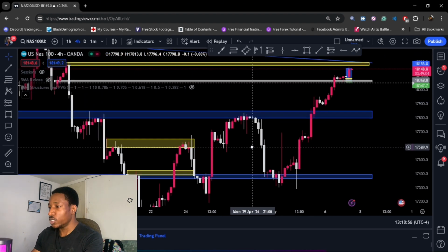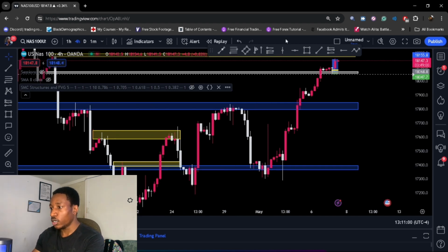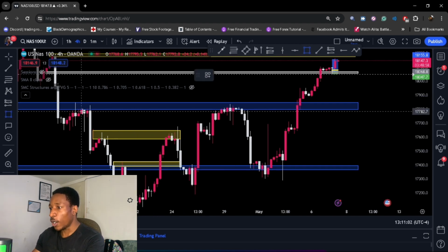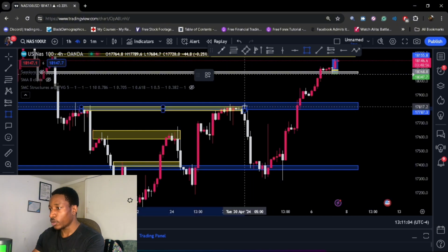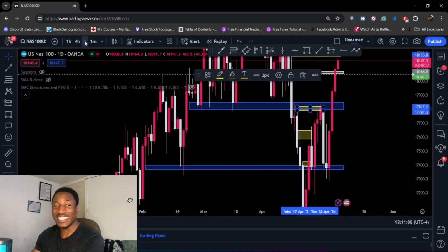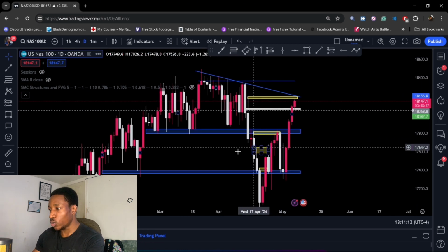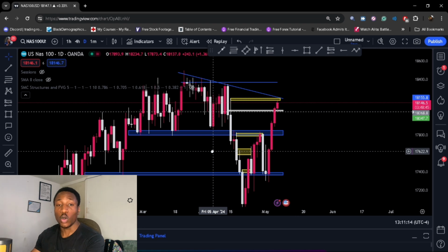This now boils down to experience at the end of the day. But guys, if you notice again, price came to this area and then sold. The reason it sold was because, again, we had this 4-hour supply zone here, right? And not just a 4-hour supply zone, we actually had a daily significant support and resistance, which is right here. So like I told you guys, I like to color code my things, right?